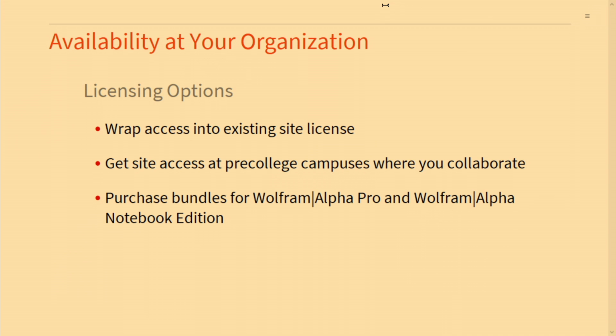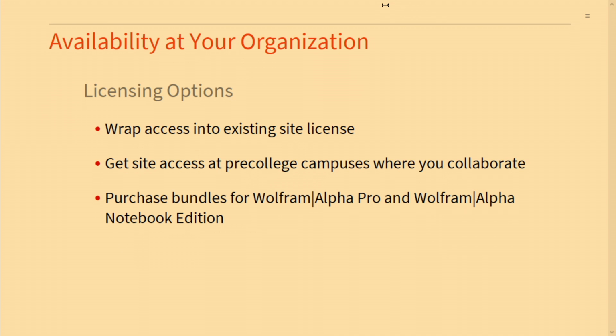So we have models where you can have full faculty, staff, student access to our technologies. So we have a plan to roll this in so that you can add this to an existing site license that you have. You can start a new site license. So maybe you come from a school who only has limited access to Mathematica, but this is the thing that would get widespread access and use of our technology. We can start a Wolfram Alpha Notebook Edition site license at your school.